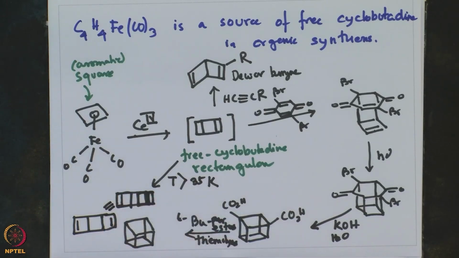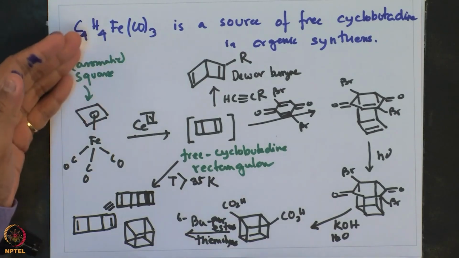So, what this provides is the rich chemistry that transition metal cyclobutadiene complexes can give, giving rise to a plethora of compounds very difficult to synthesize otherwise, and that can all arise from the simple precursor cyclobutadiene iron tricarbonyl. So, with that I will conclude today's lecture.